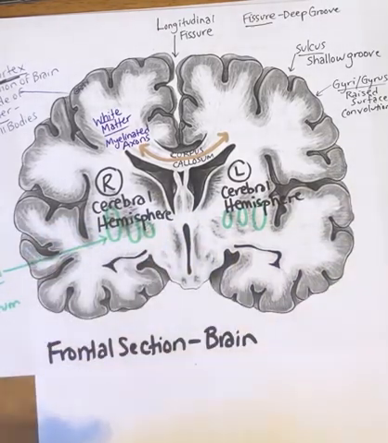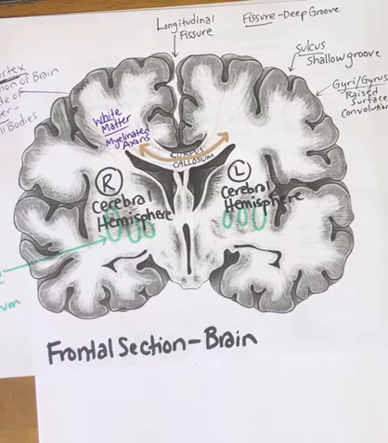Now, the other thing is the limbic system. The limbic system is going to be broken down into 2 really important major names called the hippocampus and the amygdala. So those are 2 different names. These are deep in the nervous system.